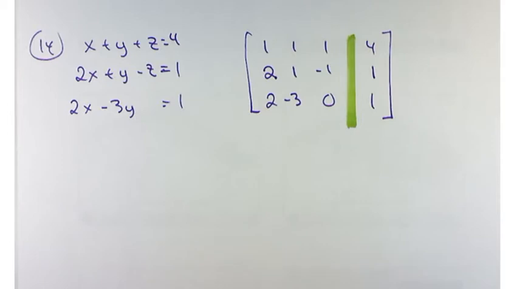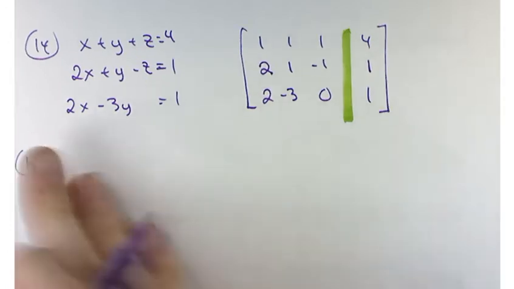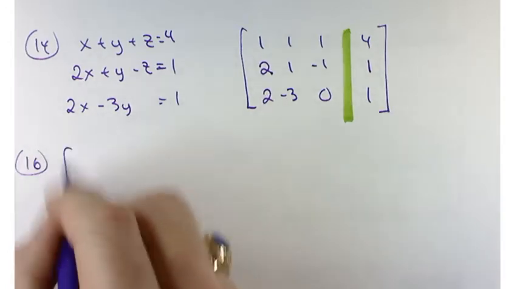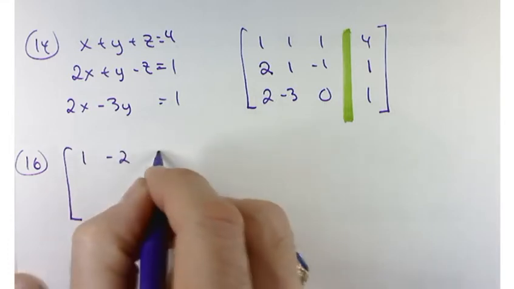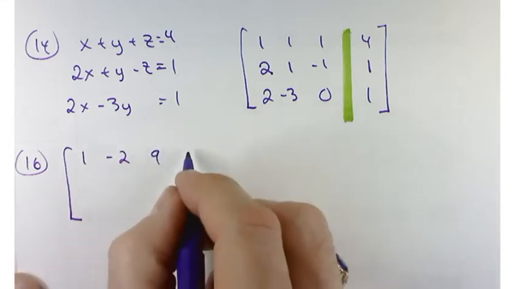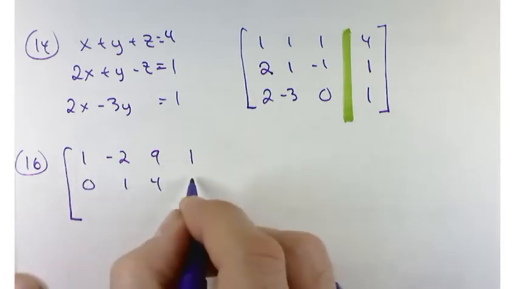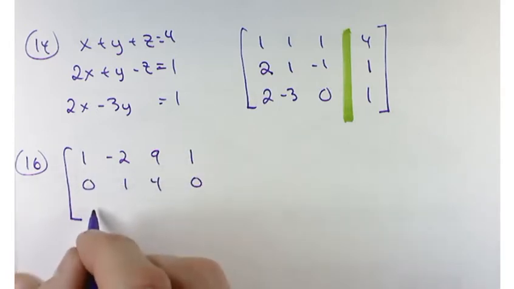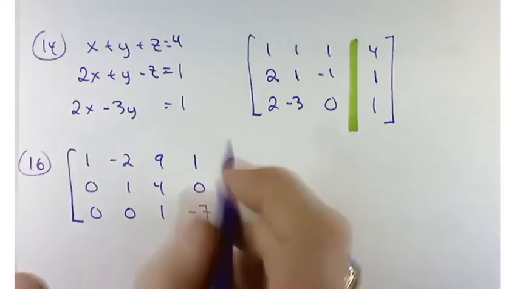Let's try one that goes kind of in the opposite direction. Problem number 16 is going to start out with the augmented matrix, and I want you to write the corresponding system of equations. So the augmented matrix is 1, -2, and 9, and then a 1, 0, 1, 4, and 0, 0, 0, 1, and -7.